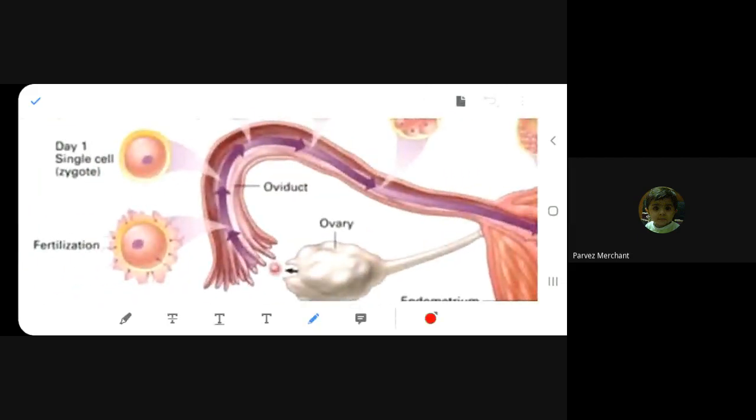How many nucleus can you see? Tell me. This is zygote. How many nucleus do you have? One or two? Say something, beta. How many nucleus do you have in zygote?